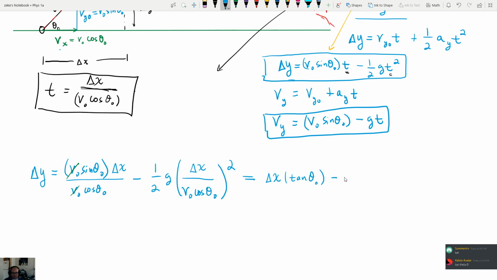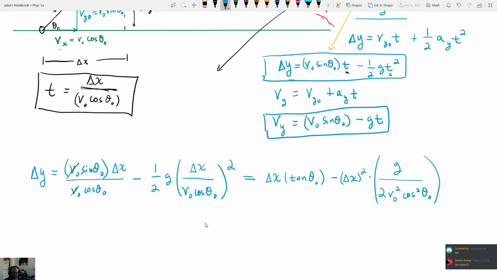So delta x times tangent of theta naught, minus, I want to write it like this, delta x squared times g divided by 2 v naught squared cos squared theta naught.